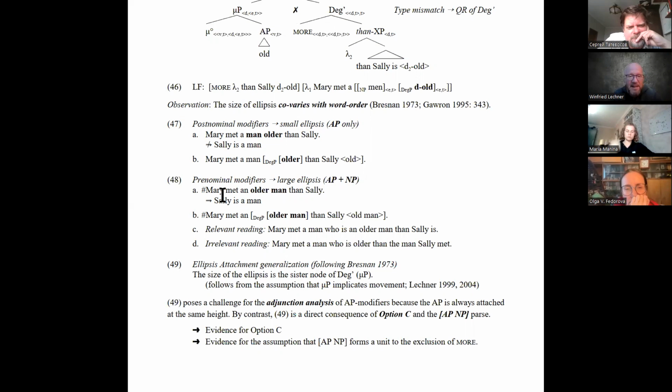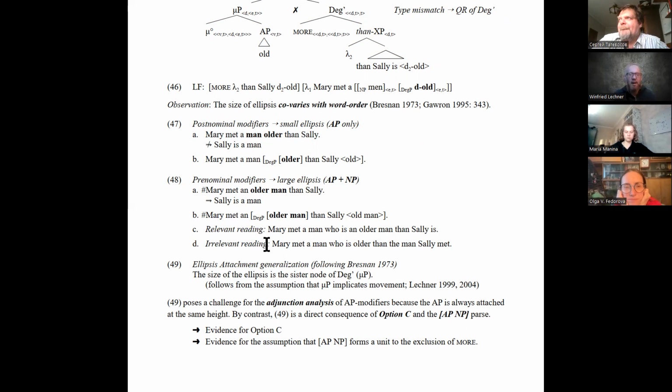What happens in the prenominal construction, Mary met an older man than Sally, is first of all, we get an entailment that Sally is a man, making this sentence infelicitous. And second, we can take this as an indication that what is following Sally must be something bigger in ellipsis. It's not just old, but it's old man. So the structure is something like in B here.